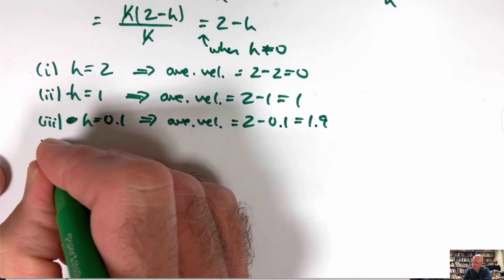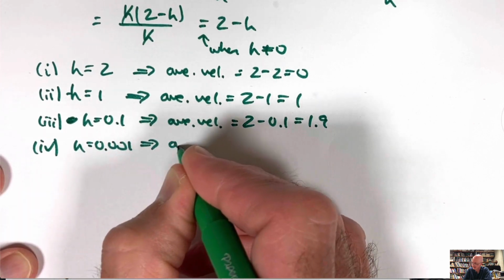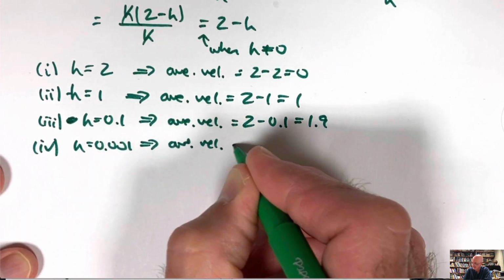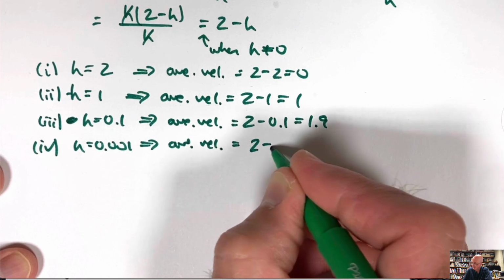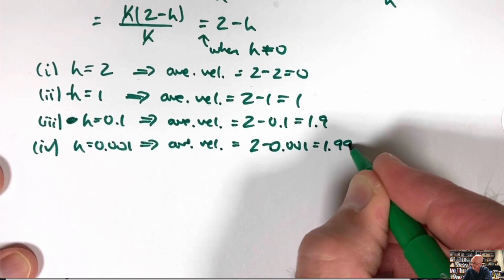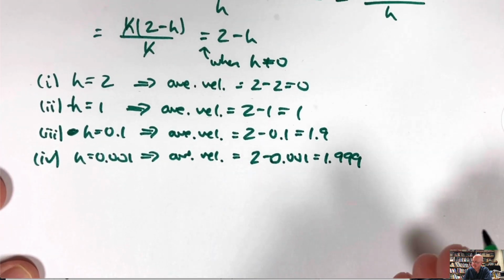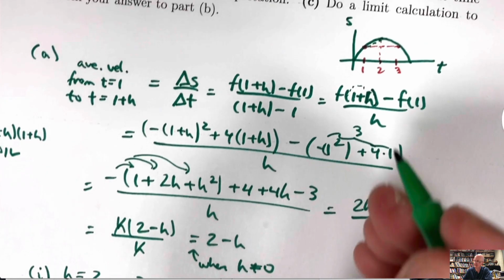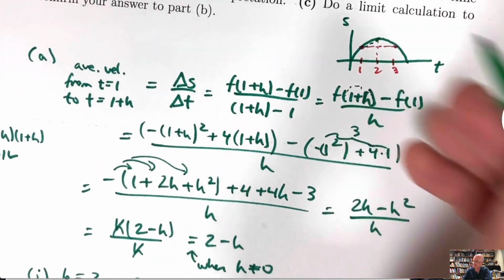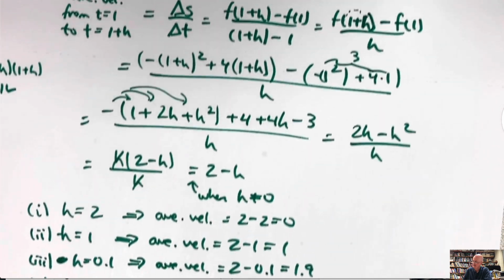And when h equals 0.001, the average velocity is 2 minus h, 2 minus 0.001, and that will be 1.999. And if we had units, these are velocities that are units of s per unit of t, maybe meters per second or something like that. Okay? Part B.